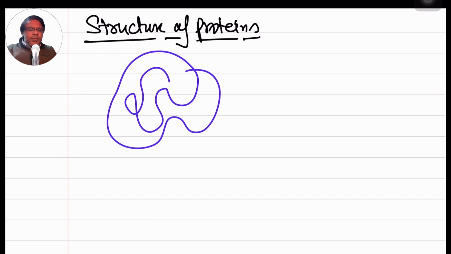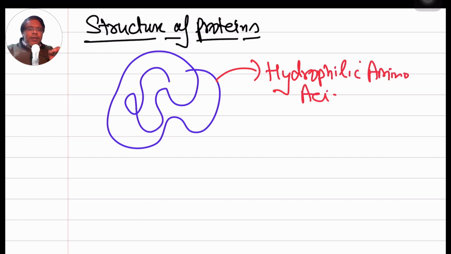Within the cytoplasm you are going to have water, 70 to 75% water content. So if you have a cytosolic protein, always remember hydrophilic amino acids are present outside.